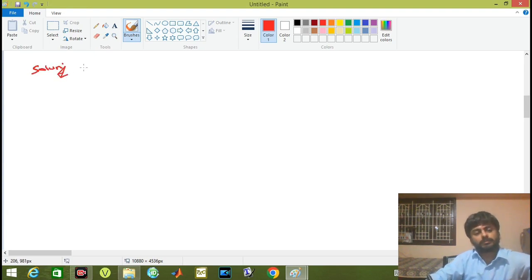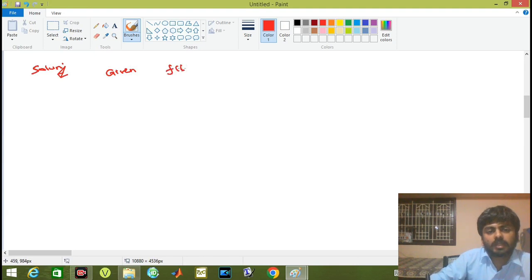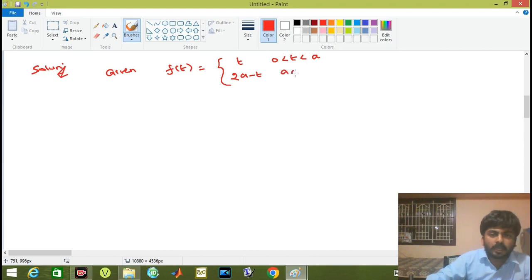So, solution. Given f of t equals t for 0 less than t less than a, and 2a minus t for a less than t less than 2a, and they have given f of t plus 2a equal to f of t.